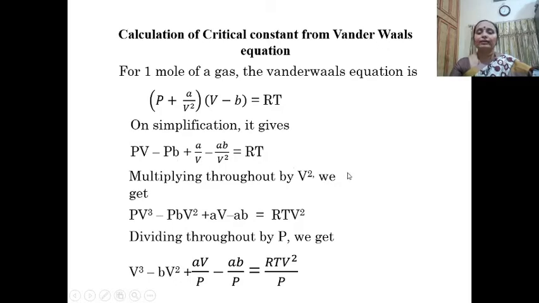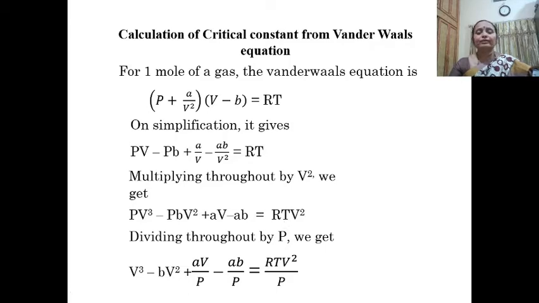Next, I am going to multiply the above equation throughout by V². When I do that, I will get PV³ − PbV² + aV − ab = RTV².